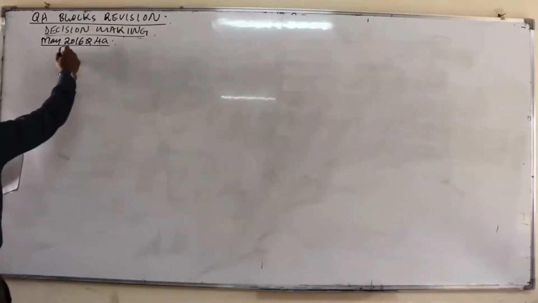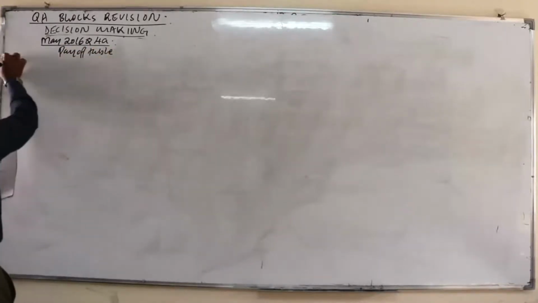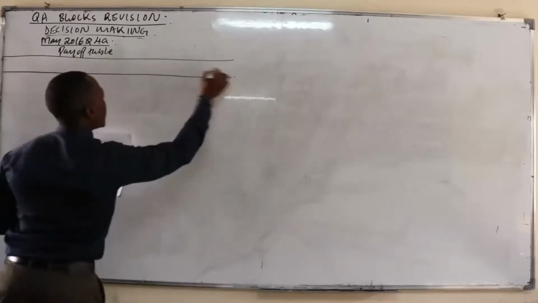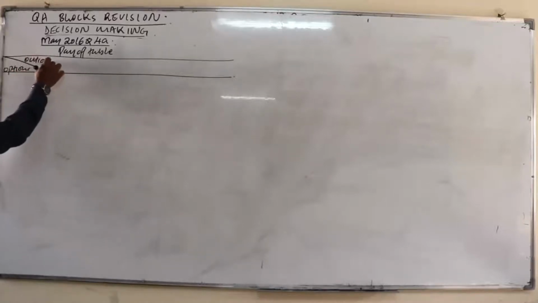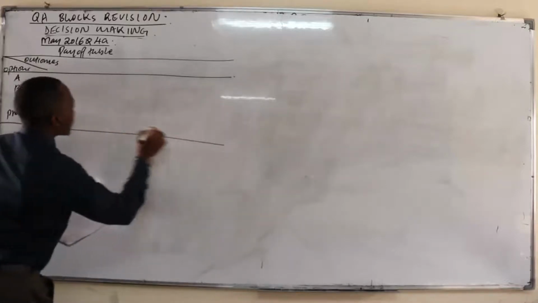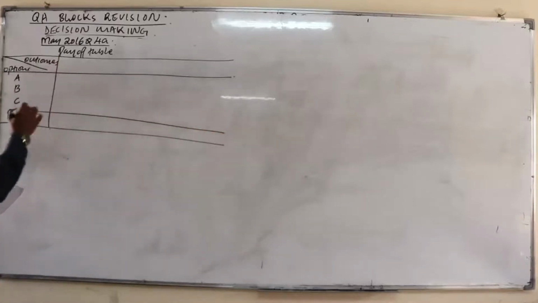So you develop the payoff table. What do we mean by payoff? Payoff is the profit. What are the options? What are the outcomes? For the options, we have 3 options: it's either system A, B, or C. Remember, I had already given you the format for the payoff table.